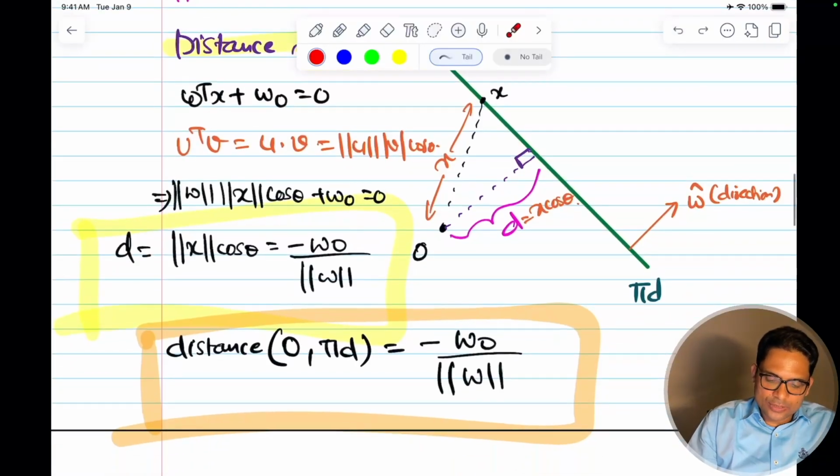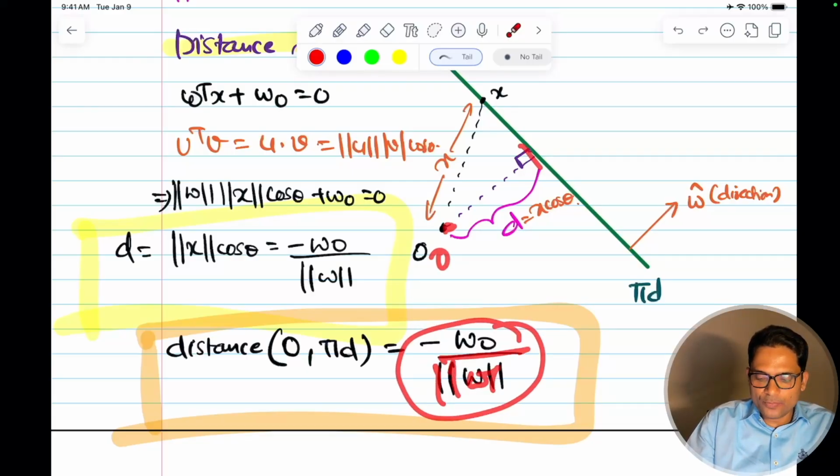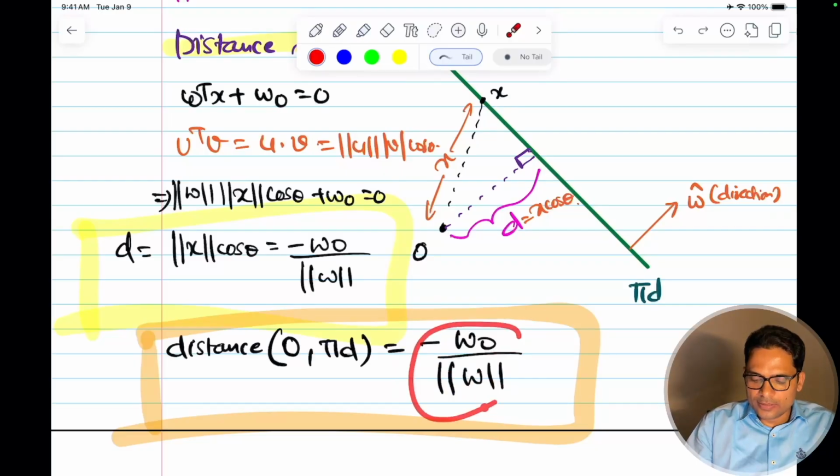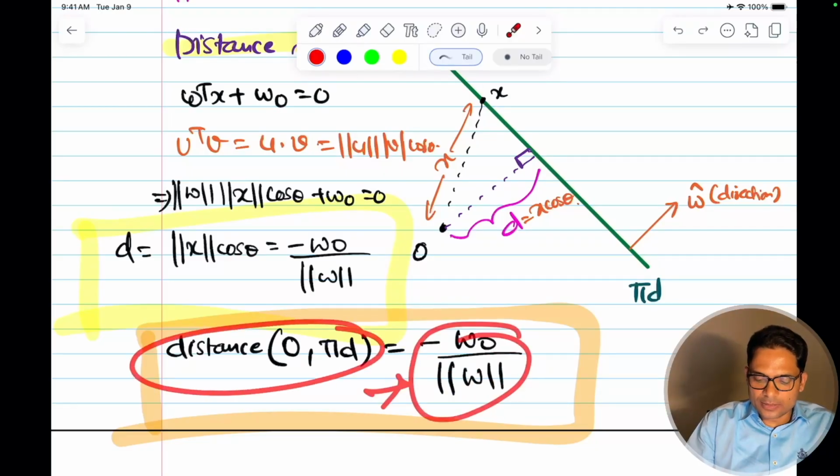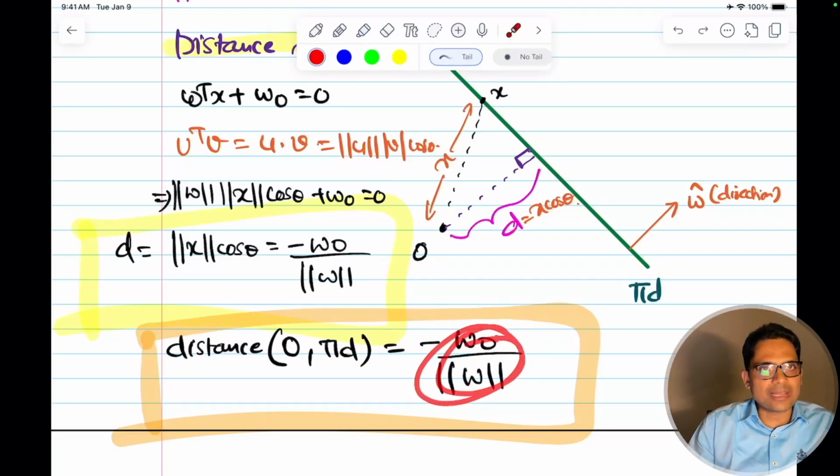Then we found the distance of that hyperplane from the origin, which came out to be minus w naught by norm of w, and if we take the magnitude, this will be the absolute value.